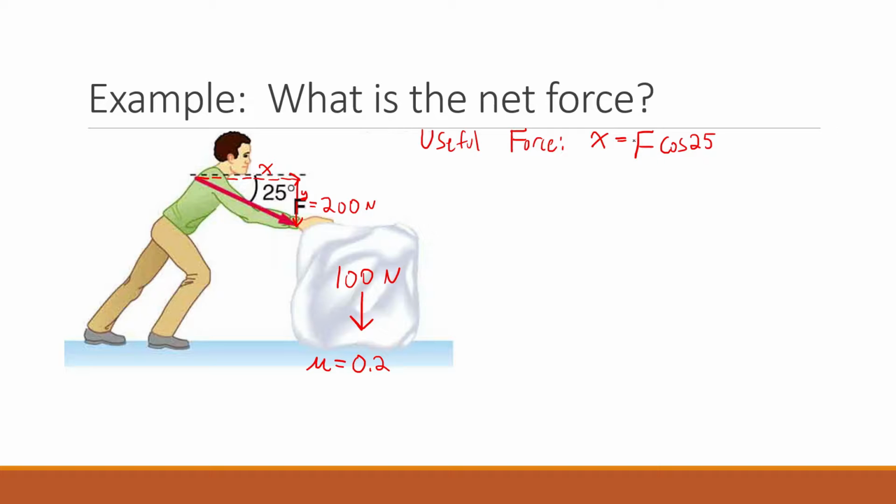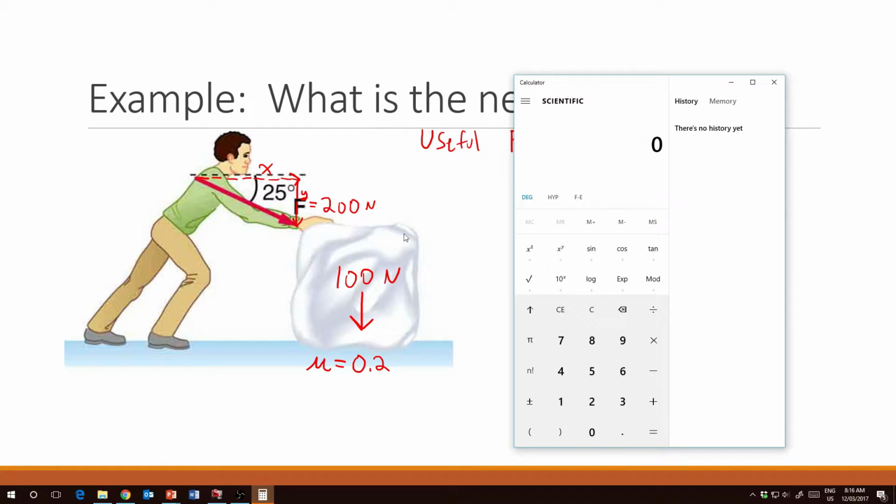So this will be, let's see, x equals 200 times cosine 25. Let's pull this up on a calculator. So 200 times 25 cosine.